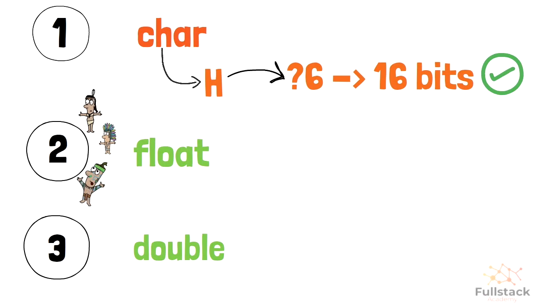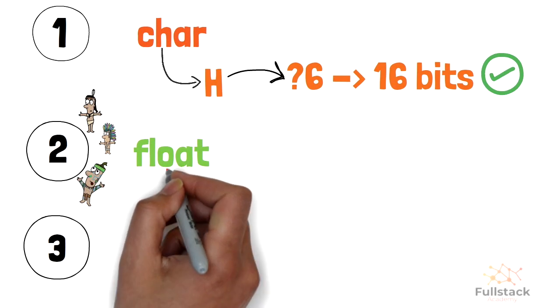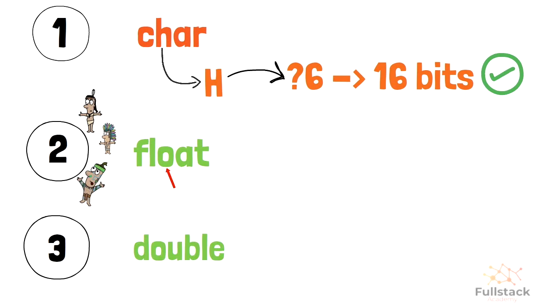Now to get into the details, each of these arrows has a name. The first one is float, the second one is double. The size of the float is 32 bits and the size of the double is 64 bits. Now here is a very simple trick to remember this fact. Both the words float and double have the letter O in them.